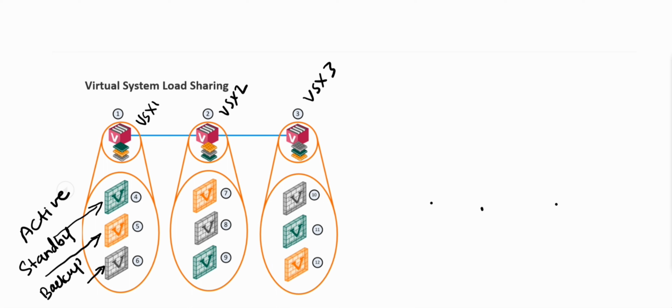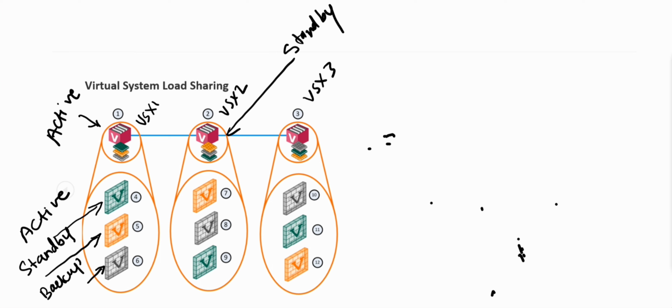Now consider VSX gateway 1 is currently active. VSX gateway 2 is standby, and VSX gateway 3 is currently in a backup state.